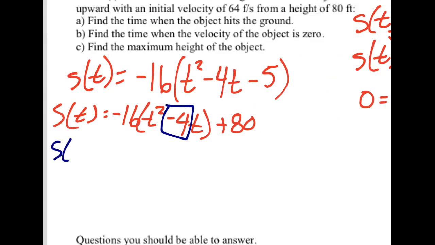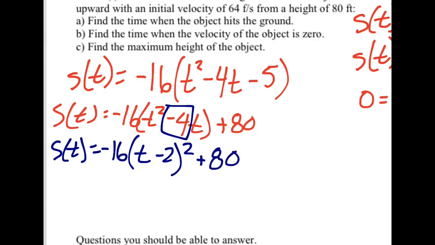So I'm going to get s of t equals negative 16 times t minus 2 squared. It's always going to work out that way. It's always going to be half of that negative 4. So negative 2 is half of negative 4. So t minus 2 squared. I have my plus 80.